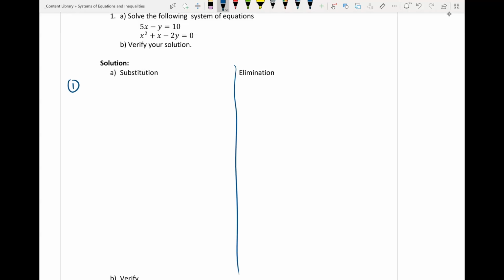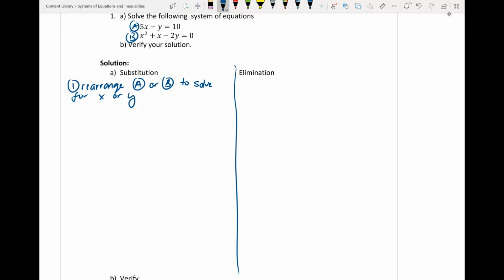The first thing I want to do in substitution is rearrange one of the equations. I'm going to call this A, and I'll call this one B. Rearrange A or B to solve for just x or just y.